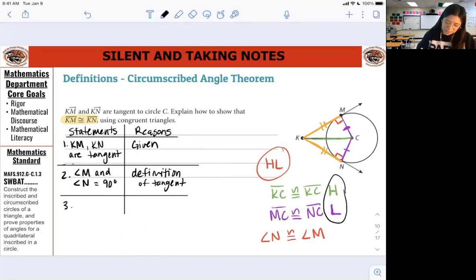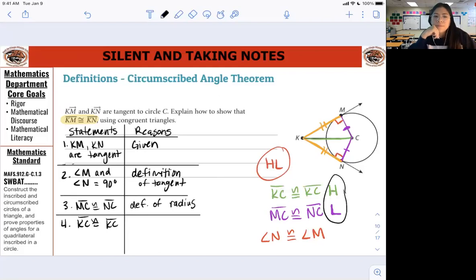Then we said that MC is congruent to NC, definition of a radius. And Tyrone, why can I say that KC is congruent to KC?